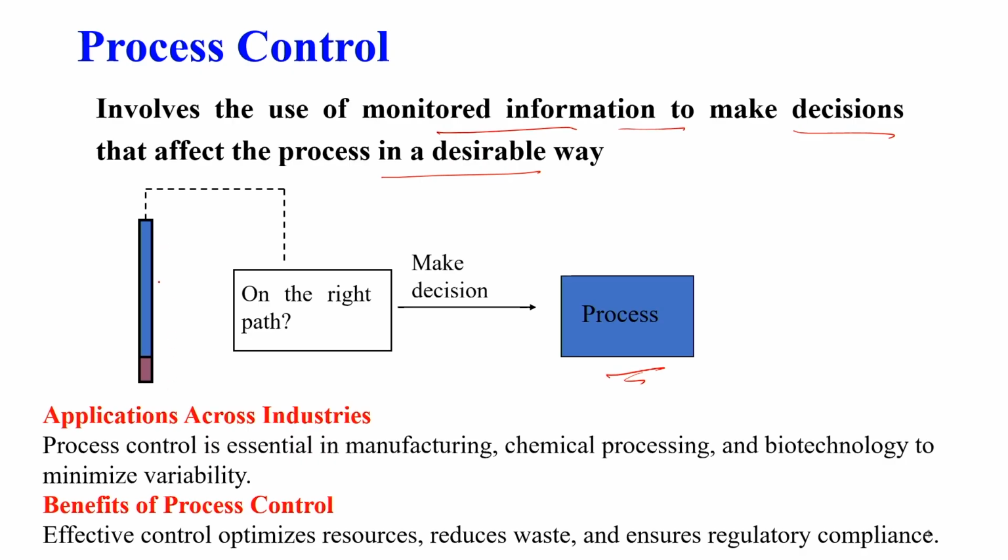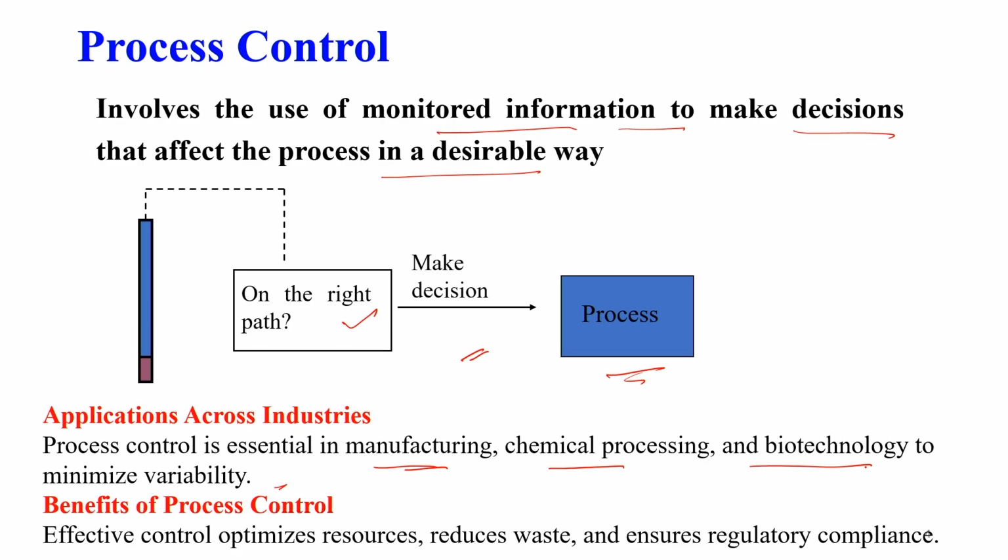Based on, let us say, dissolved oxygen, pH or temperature, you have to consider whether the process is going in the right direction or not, and then you have to take a decision.